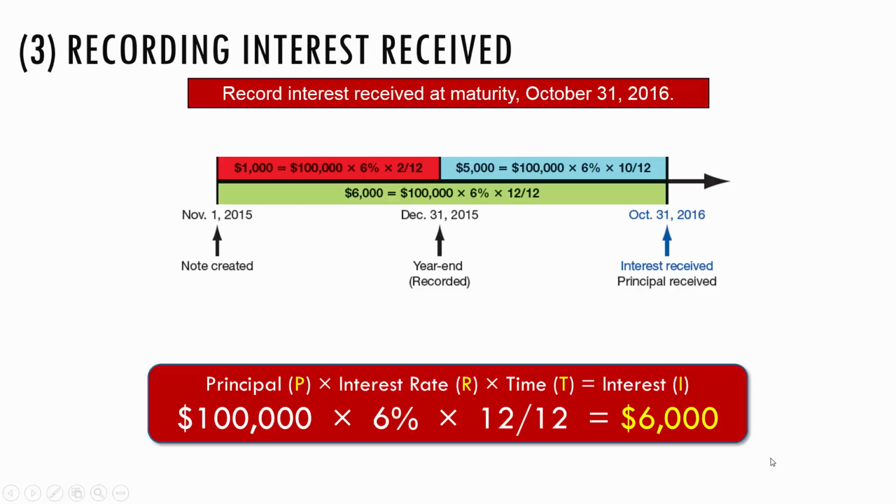But the total amount of cash which we are going to receive is $6,000. This $6,000, though, when we talk about revenue, recall we have recorded 1,000 of it related to the first fiscal period, so we need 5,000 in revenue recorded in the next one.